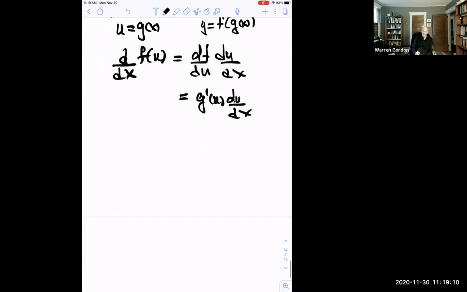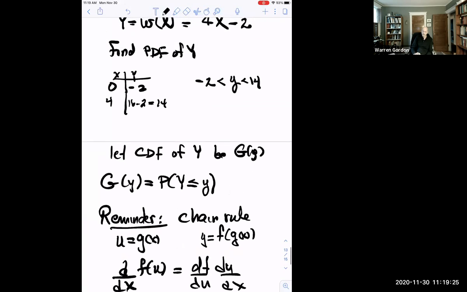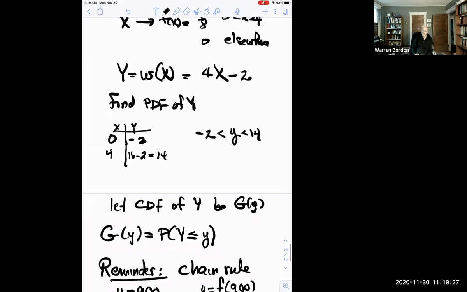Okay, so again, g of y is the probability that y is less than or equal to little y. But we're being told here that y is equal to 4x minus 2.